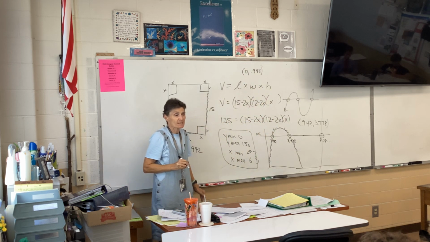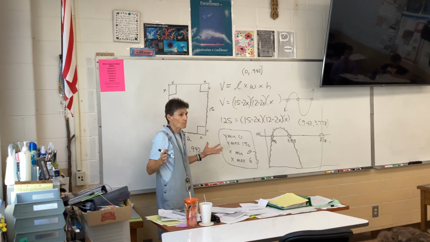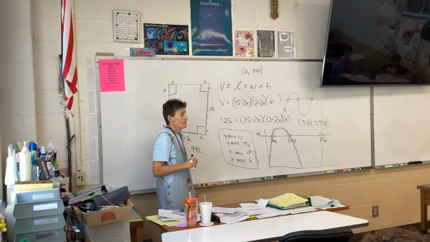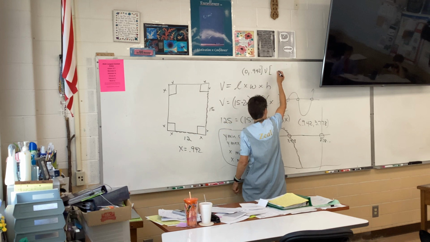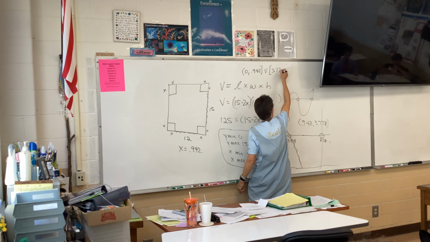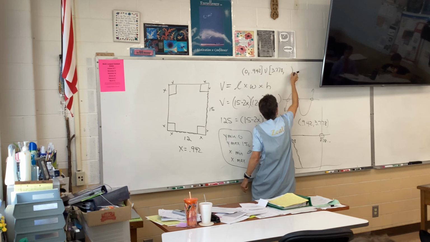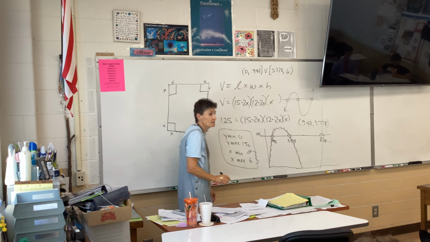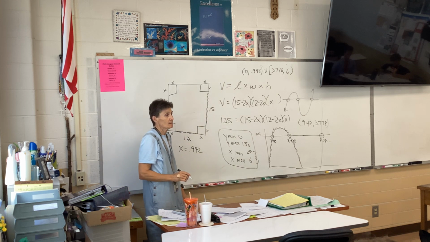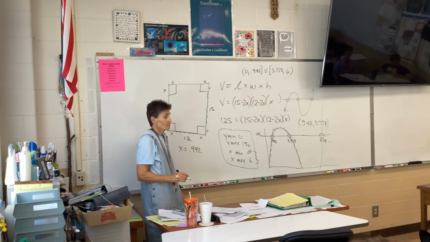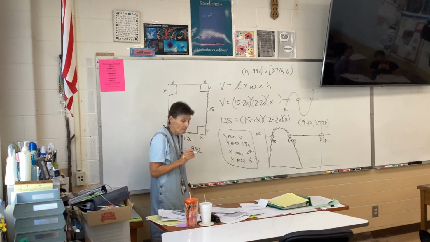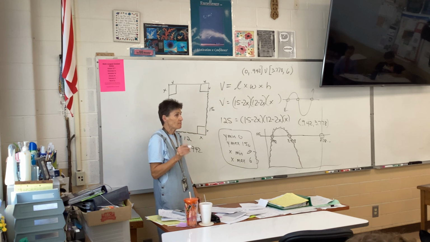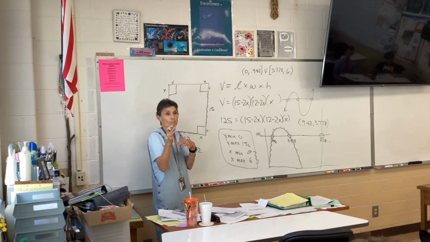Because what happens if x is 0? I can't even do the problem, right? I can't make a box. And then 3.778, comma what? 6, yep. That's the biggest. Couldn't go any further than 6. Why are those brackets, not parentheses? It says at most. So at most means it can be that much, but not more than that.